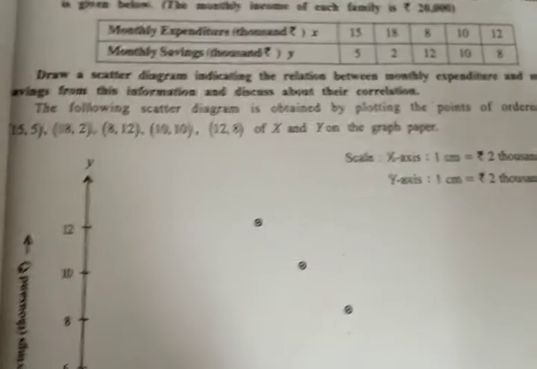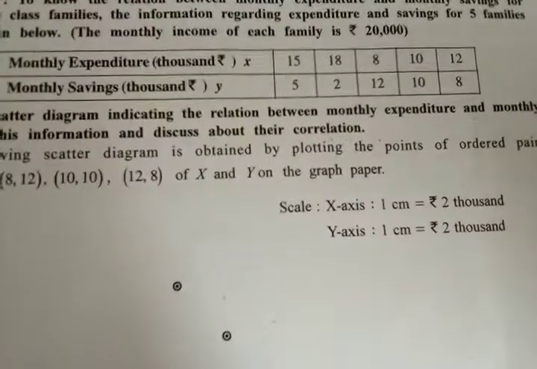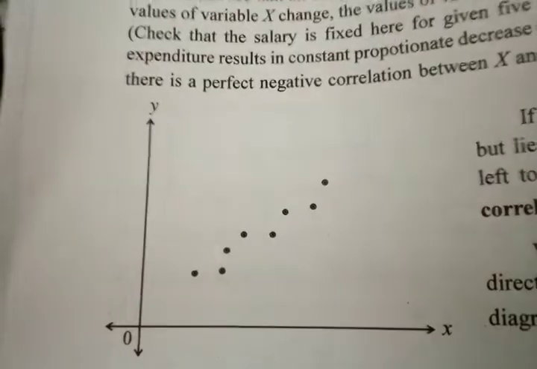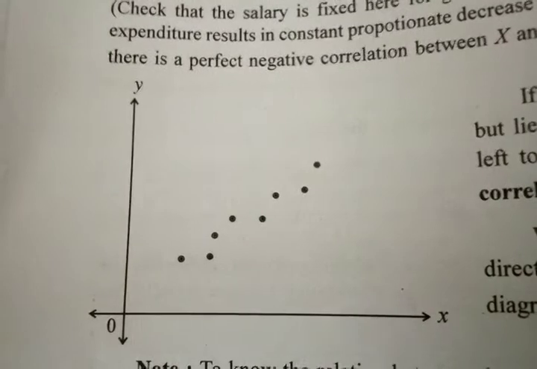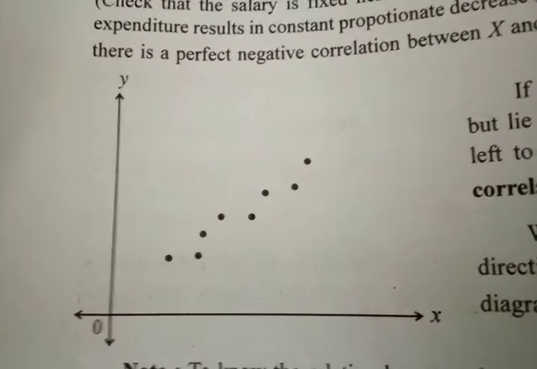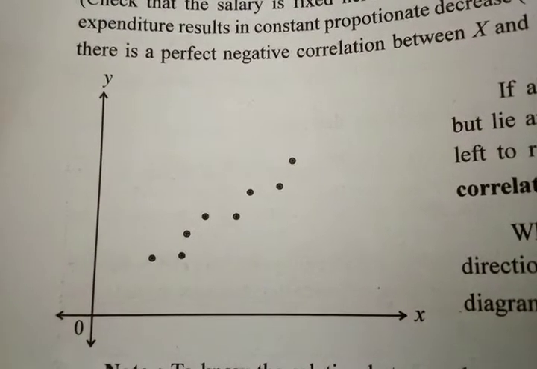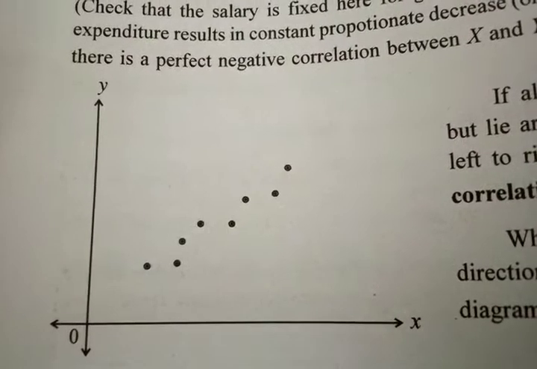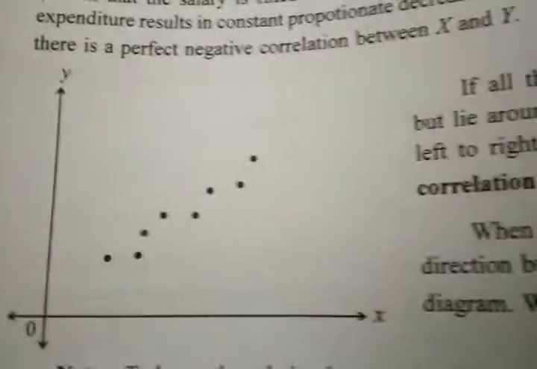One more example is given here, which again indicates a perfect negative correlation when we plot the points on the graph. Okay, that is the case with the perfect positive and perfect negative. In case we get the points slightly scattered around a straight line going upward from left to right, it is partial positive correlation.